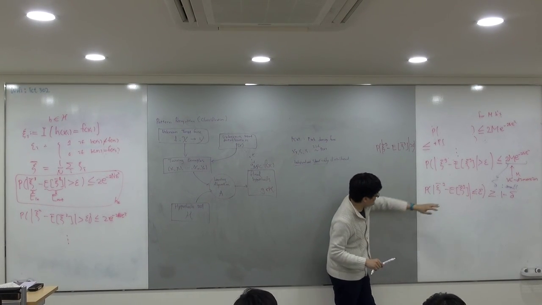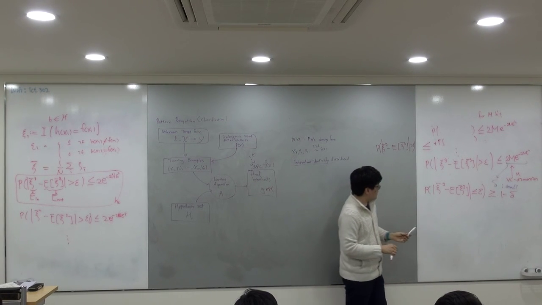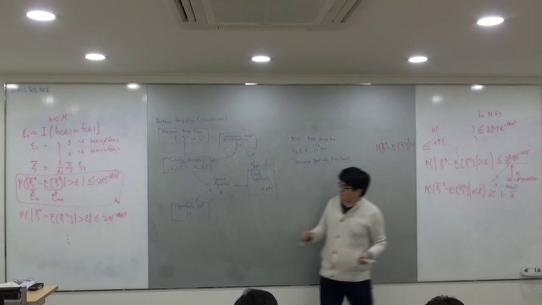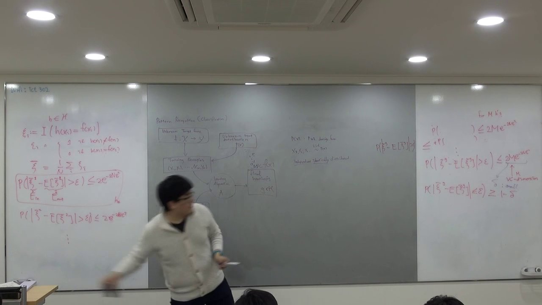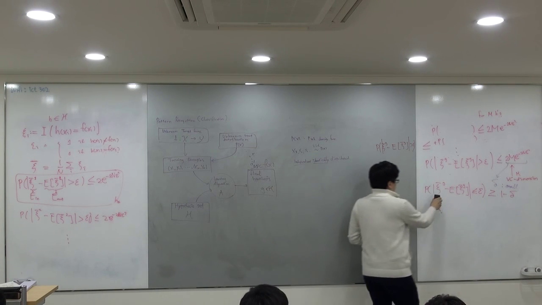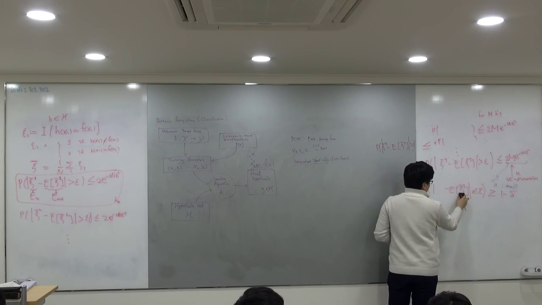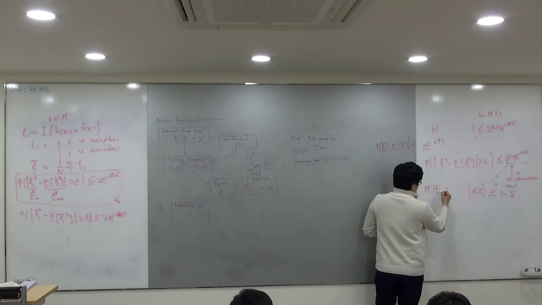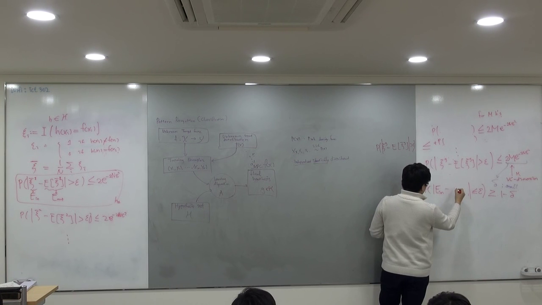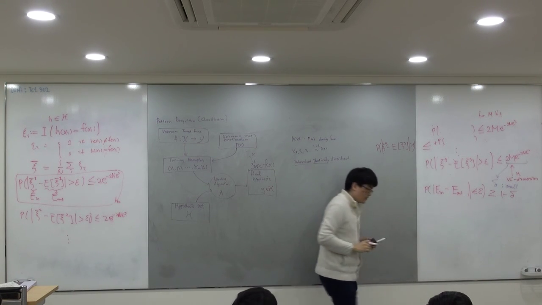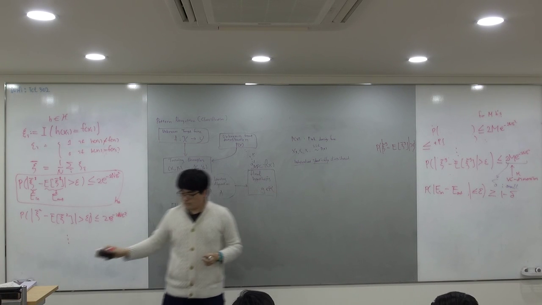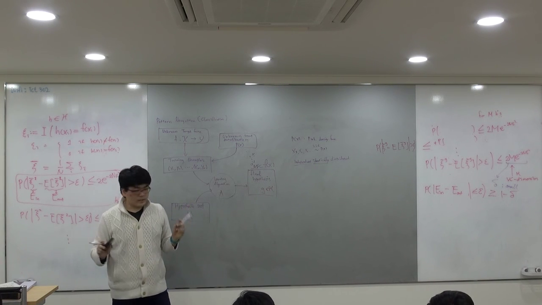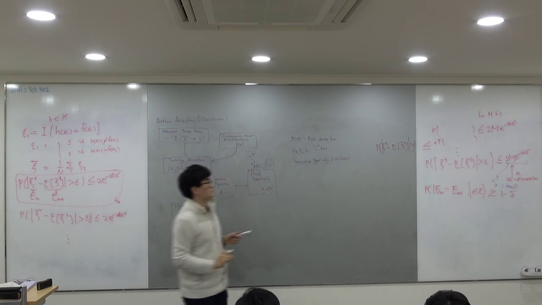So what this means, and I'll replace this one with the notation here: the difference between in-sample error and out-of-sample error, or if you want, the difference between training error and test error.